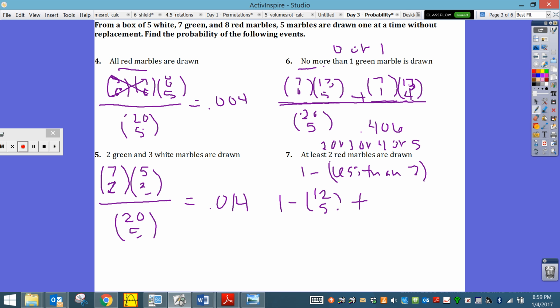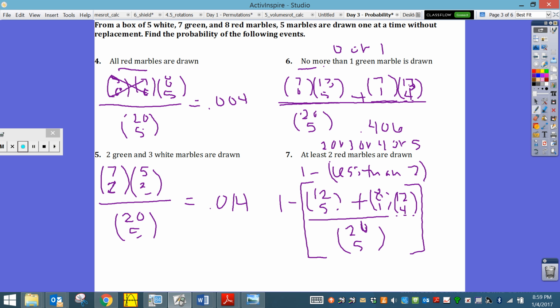Now let's add that to the probability of 1. So I'll have 8, choose 1, and 12, choose 4. All over all the possibilities, 20, choose 5. Okay. And I'm taking 1 minus this whole thing.